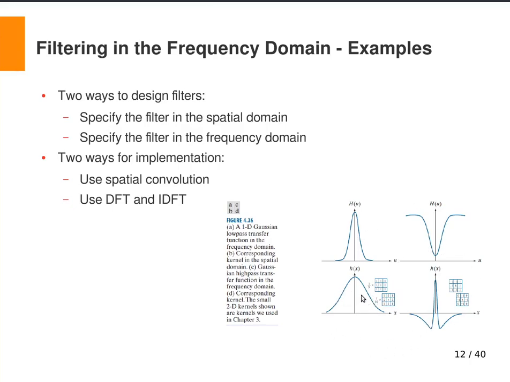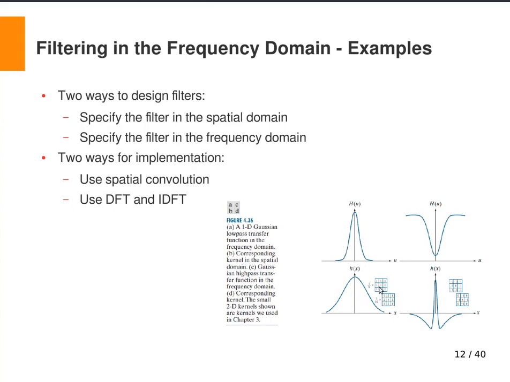On the bottom left corner you see a 1D Gaussian smoothing filter, and on top of it you see its Fourier domain representation. Of course, these are continuous functions. In reality, what we do is sampling either in the spatial domain or in the frequency domain.